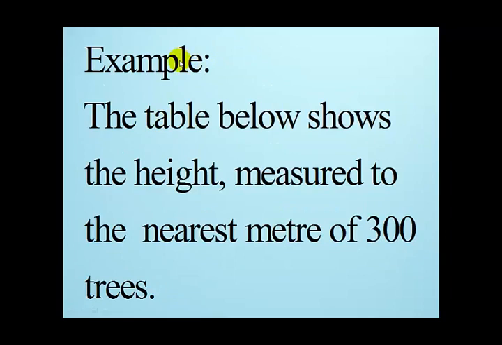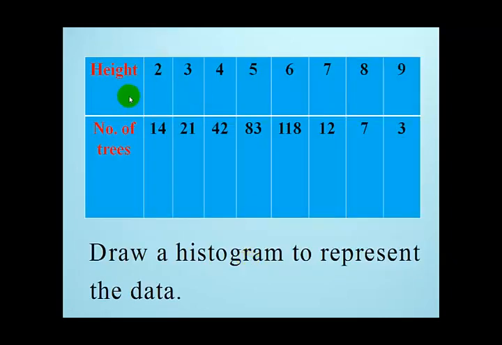Now, example: the table below shows the height, measured to the nearest meter, of 300 trees. We have the height and the number of trees.